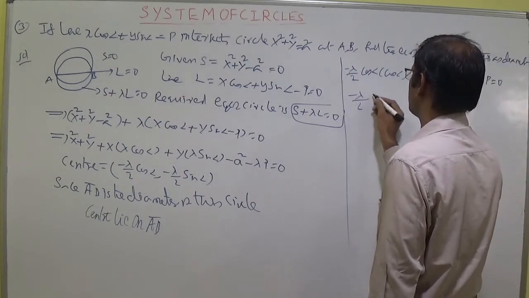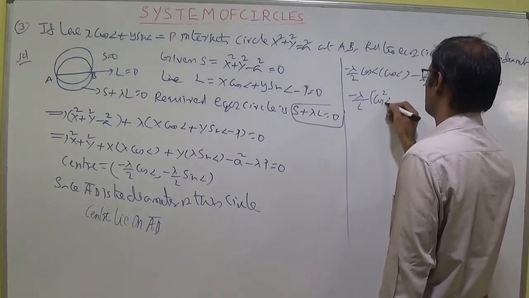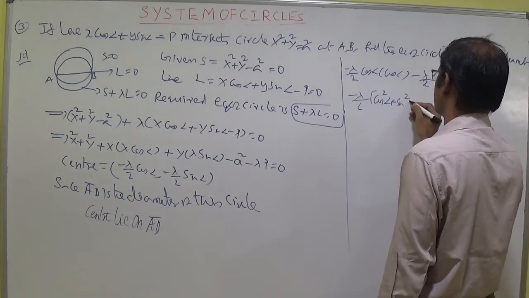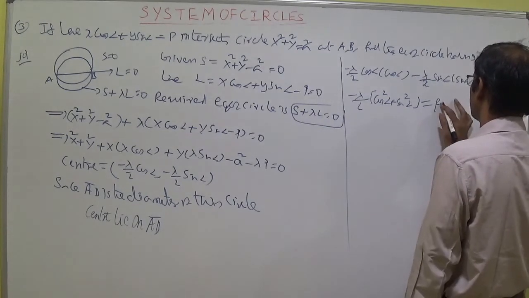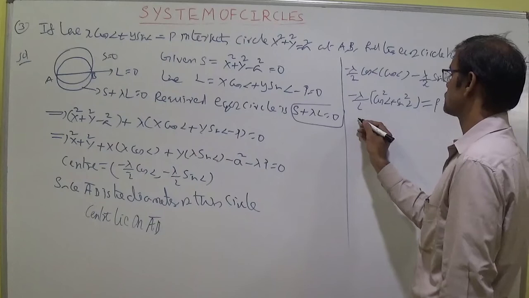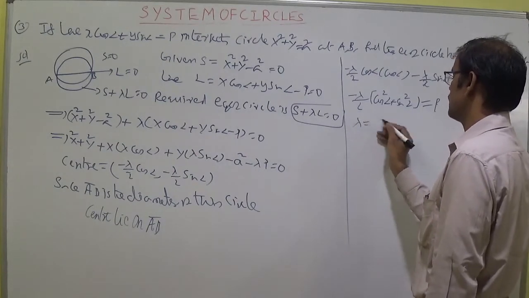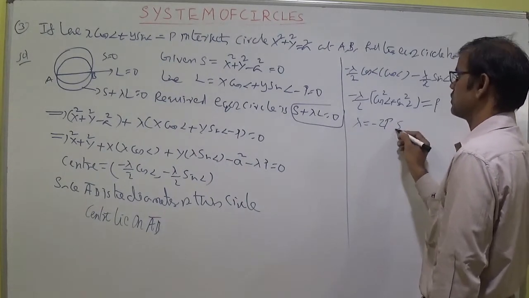Minus lambda by 2 taken common, you can write this as cos square alpha plus sin square alpha equal to p. So lambda is equal to minus 2p.